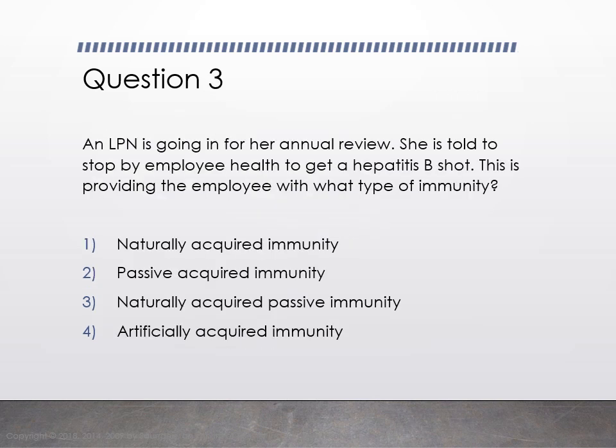Review question number 3. An LPN is going in for her annual review. She is told to stop by employee health to get a hepatitis B shot. This is providing the employee which type of immunity? We have a specific slide on this. I'd refer back to it, and then we'll cover the answer in a second.